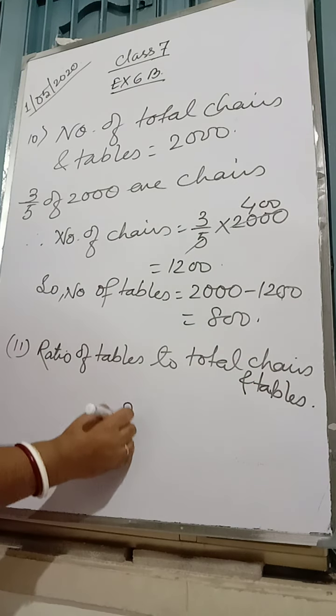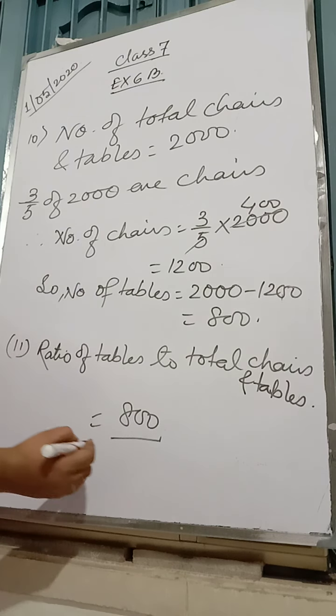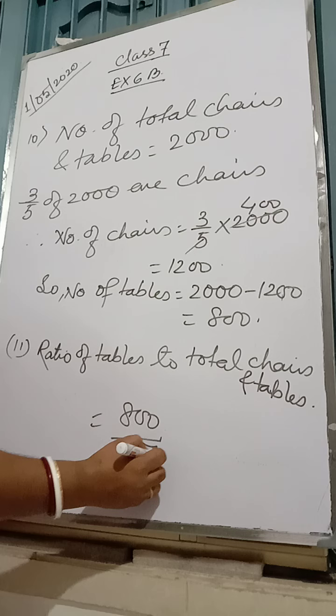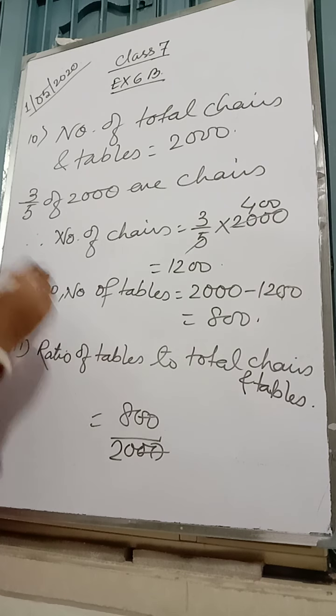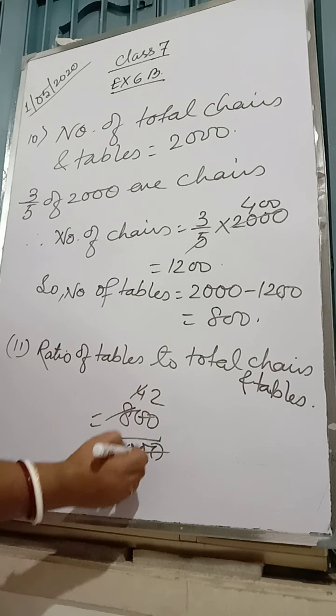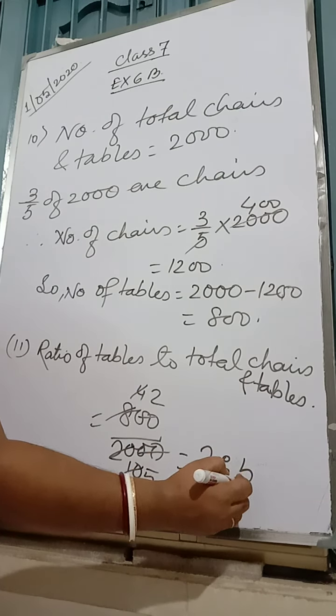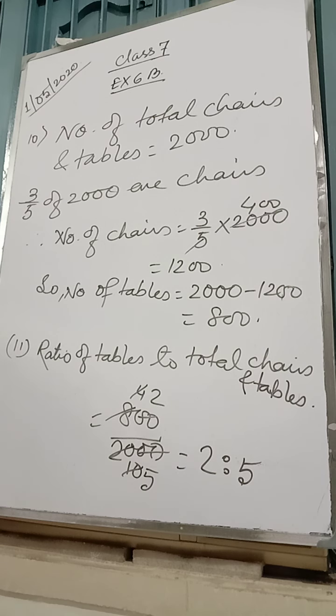We have 800 tables, and total chairs and tables we had 2000. So what would be the ratio? Zeros will cancel. 2 fours are, 2 tens are, 2 twos are, 2 fives are. So this gives you 2:5. Is it, dear?